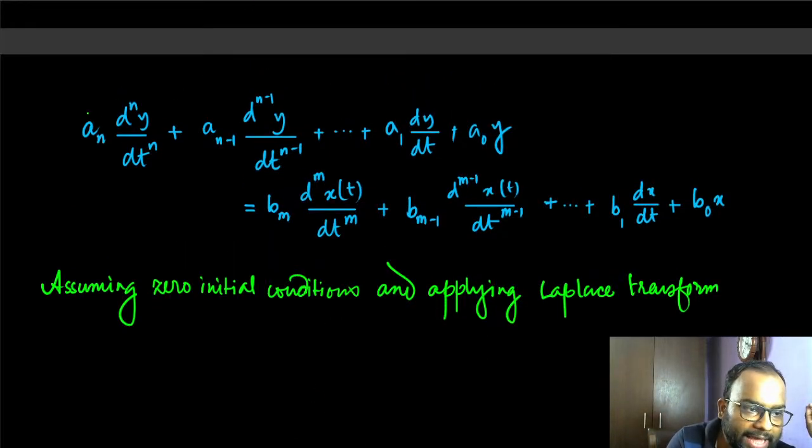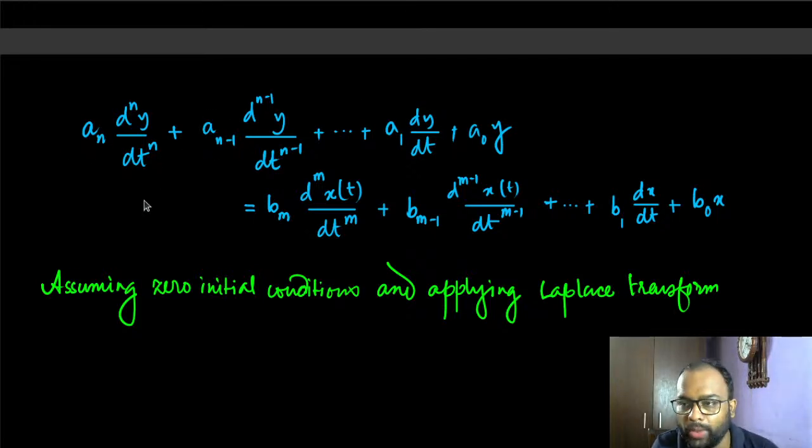All these a's, a1, a2, a3, up to an, and all these b's, b1, b2, b3, up to bm, have to be constants in order for this system to be linear and time invariant.